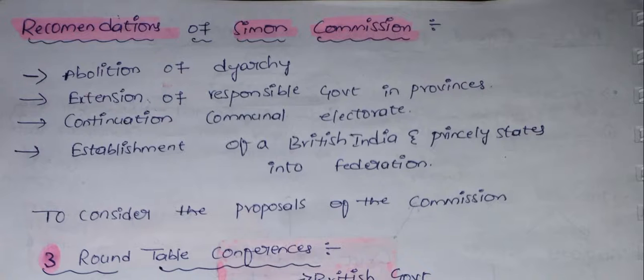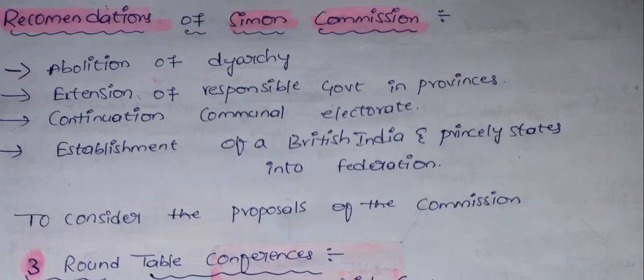It means one community would be elected by those members only. And establishment of a federation of British India and princely states. Federation means uniting all the states under the single umbrella called British India.